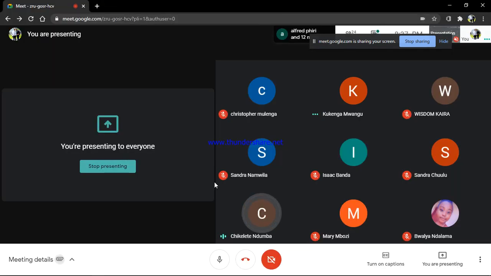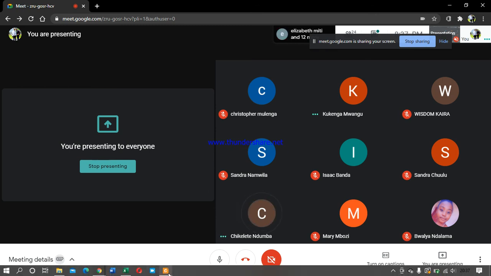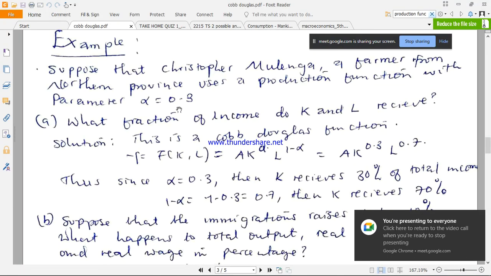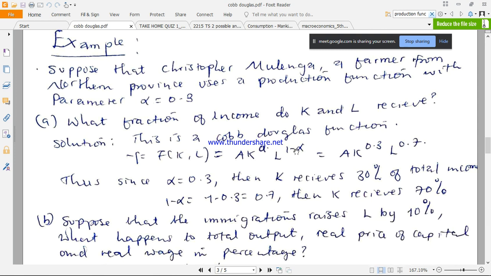Before we go any further, how did you find 0.7? Explain that. Oh, okay. As I said, if you add alpha and 1 minus alpha, the answer must equal 1.